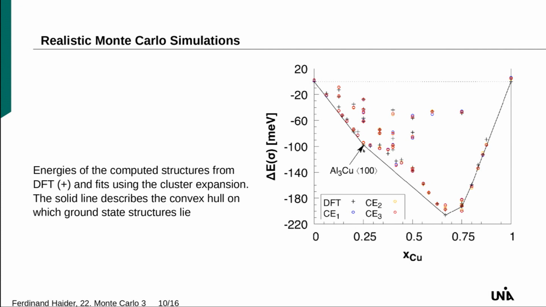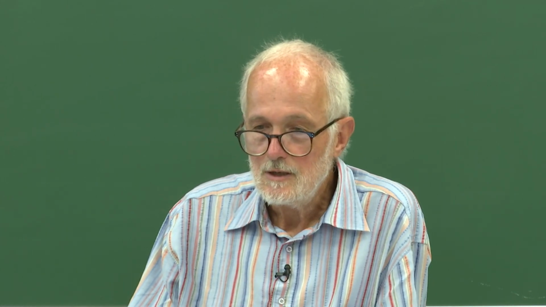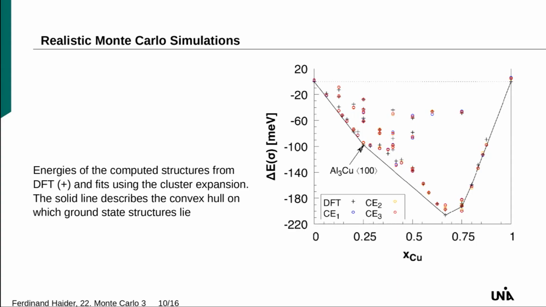What does it mean? We are at 0 Kelvin, we don't consider temperature until here. This means that this line just connects the ground states which are possible. So here, this is not the L12 structure. I come to this structure, what it is. It's marked here aluminum 3 copper on 100.